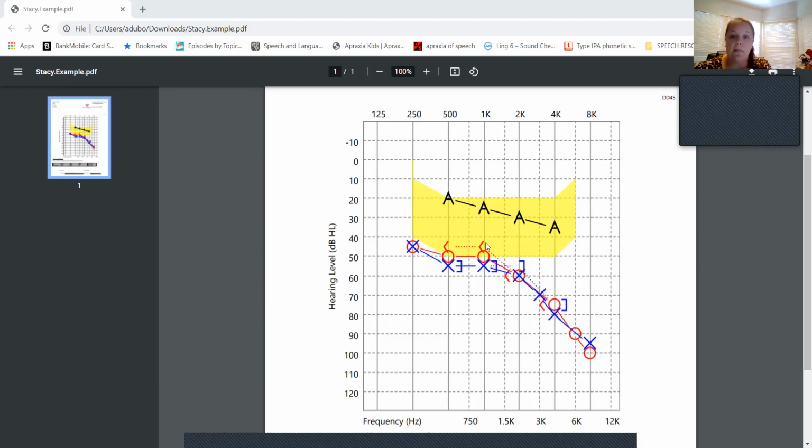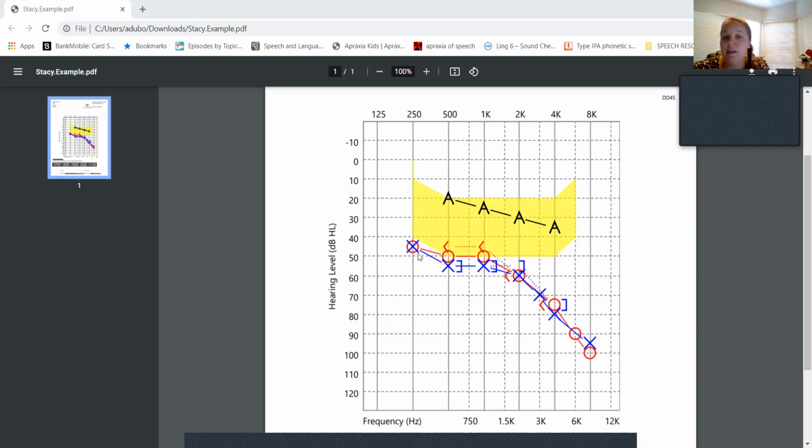So when we're looking at her audiogram, we see blue and red. Let's talk about that first. So when you see red, think you see a circle, and red means it's her right ear. Red means right, round means right. That's how I remember it.